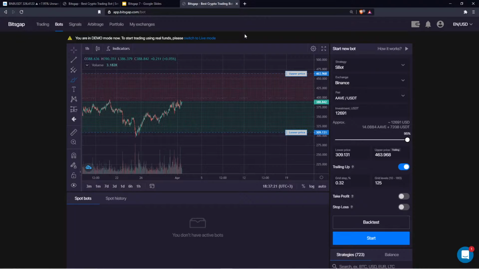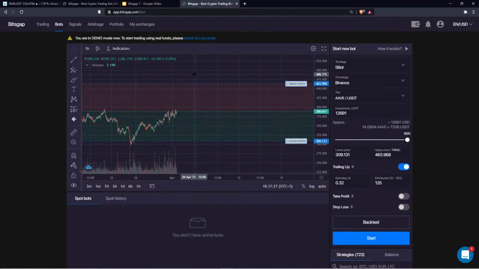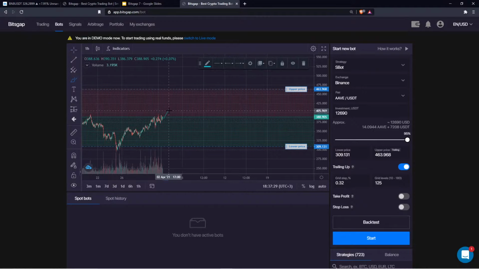But if the price goes above or below, this is where it gets a bit tricky. So if the price goes above the upper price, boom, let's say it is now trading in this area. If you did not have the trailing up on, like you had it switched off over here, the bot would halt trading and nothing would happen in this area for you.